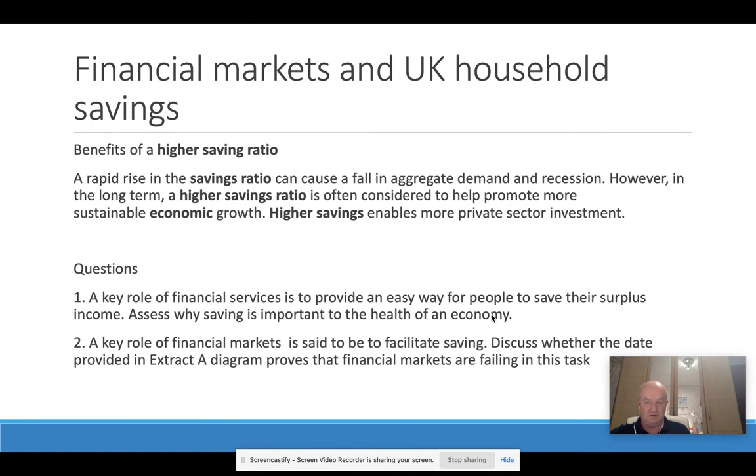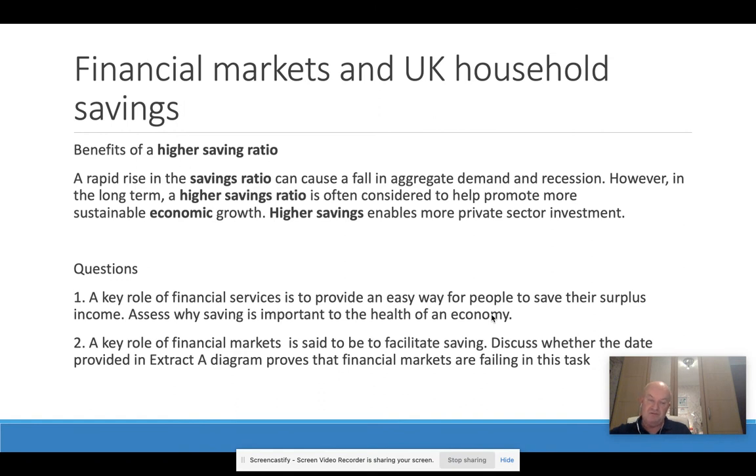And if that then means that people stop demanding as many goods as they previously did, that might mean that producers don't need to produce quite so much, and they will reduce their output and productive capacity to reflect the amount of demand in the market.